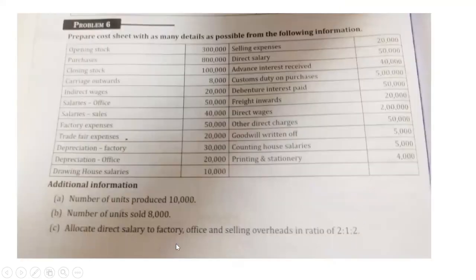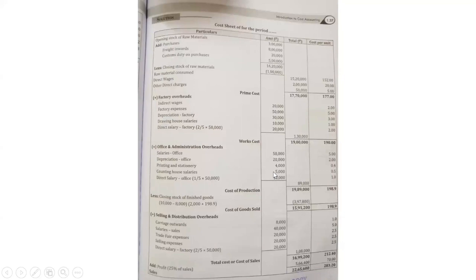See here, factory is 2, office is 1, selling is 2. So we have calculated it is 10,000. Add this, and the total office and administration overhead is this much. 19 lakhs plus 89, so the total 19,89,000 is your cost of production.